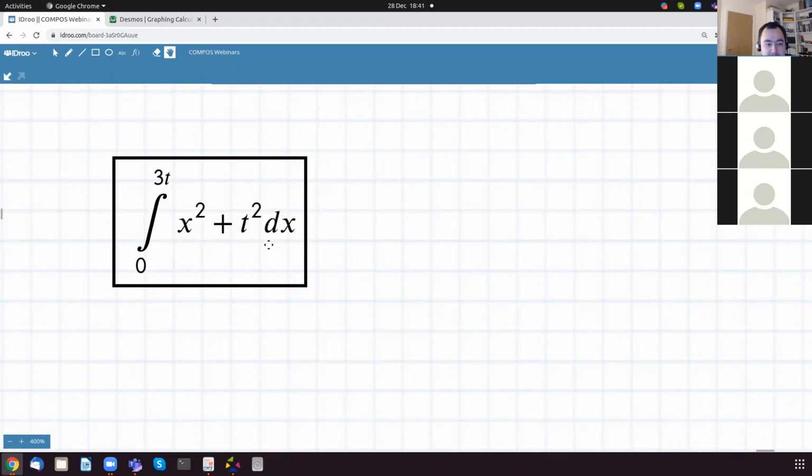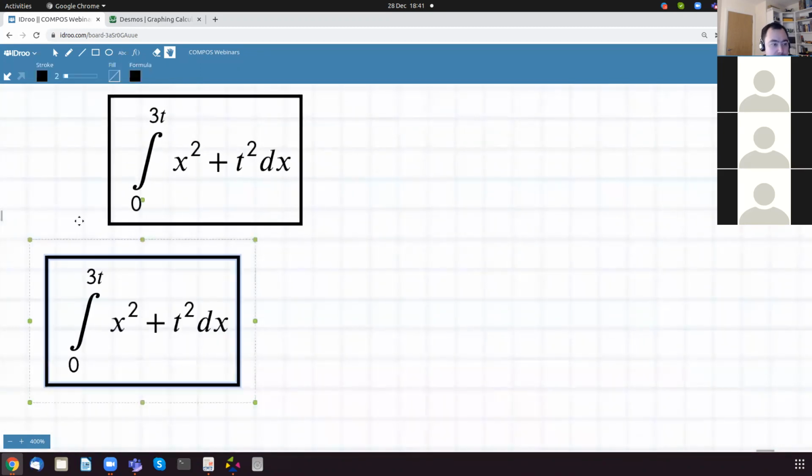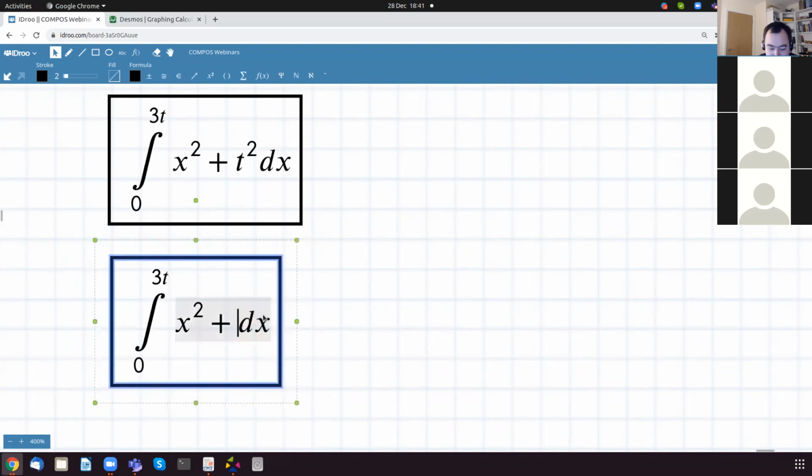So t is not a variable. t is a constant. So this integral is equivalent to an integral where, instead of t squared, I put c, a constant. So you treat t as a constant, and let's do this integral first.